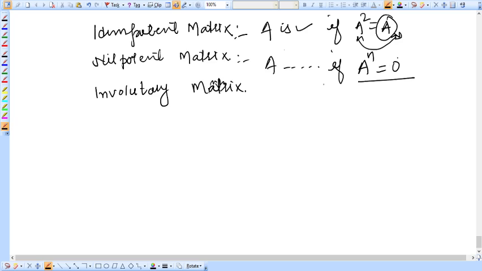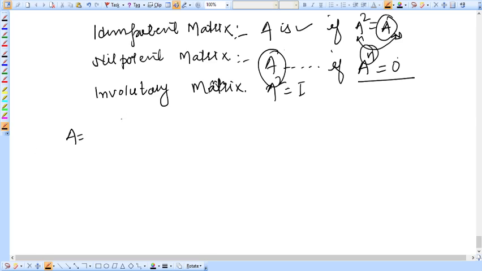Then this A matrix is nilpotent. And this is known as involutory matrix, in which A square is equal to I.